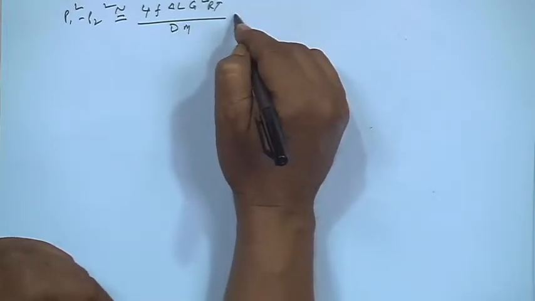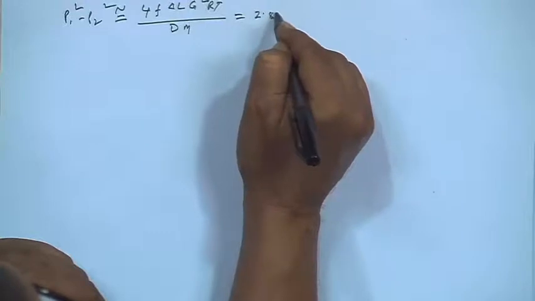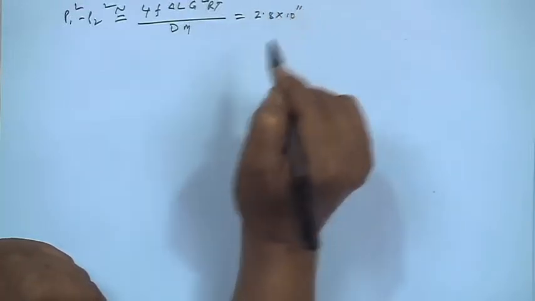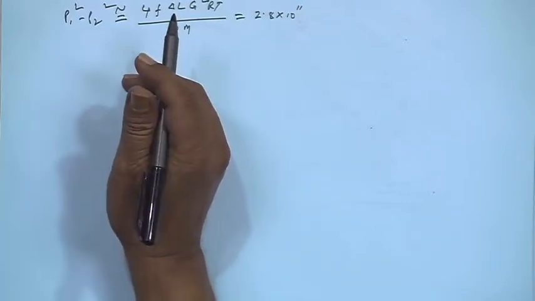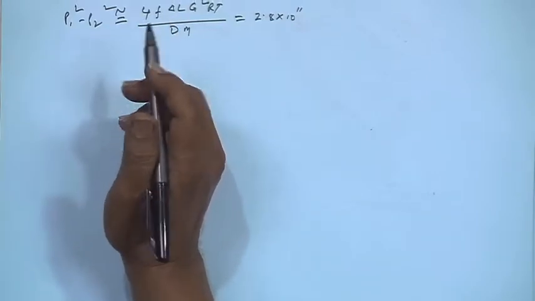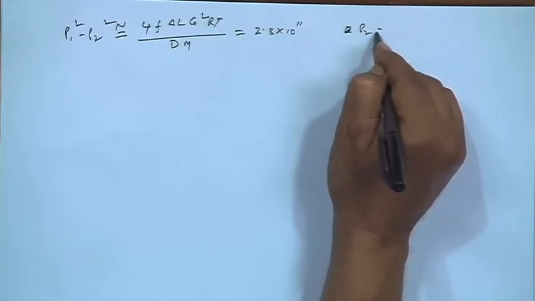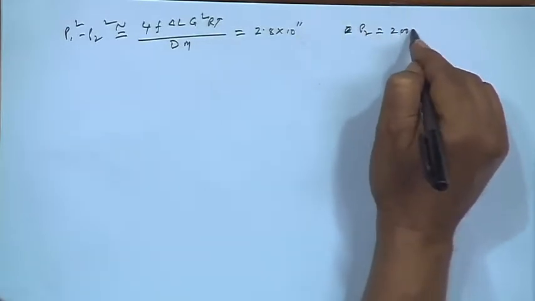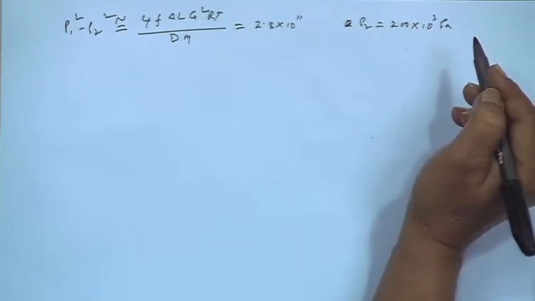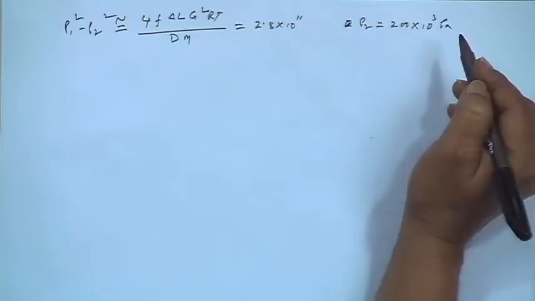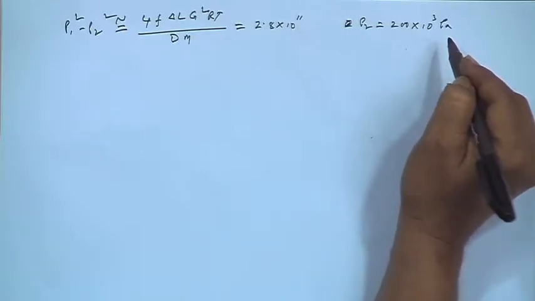So we have found this to be equal to 2.8 10 to the power 11, right? The value of the output is given, P2 is equal to 200 10 to the power 3 Pascal, that is 200 kilopascal.